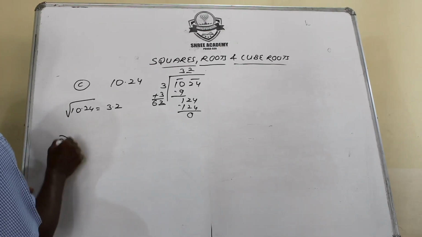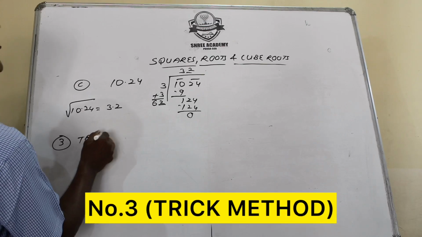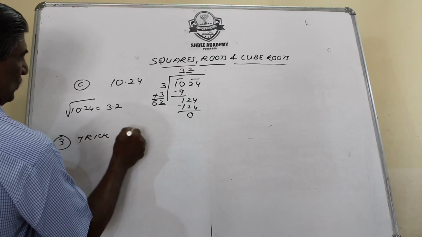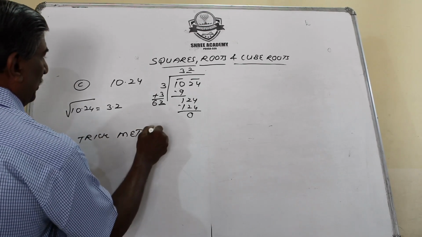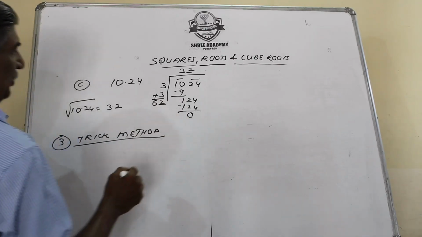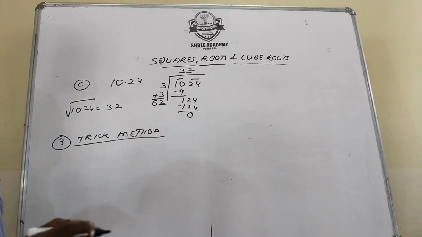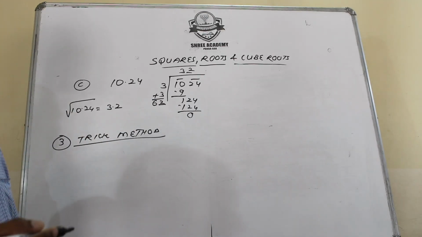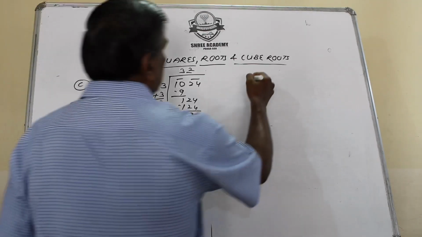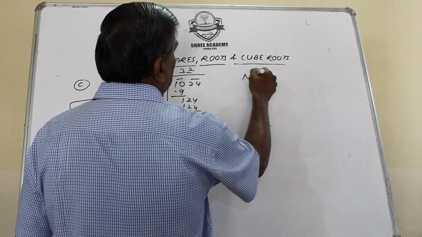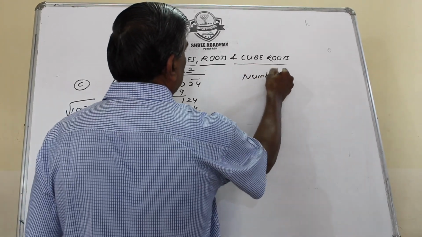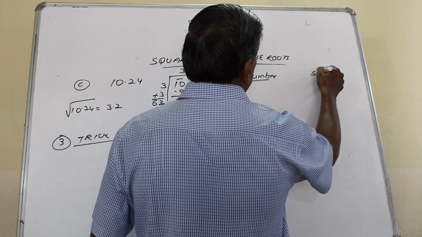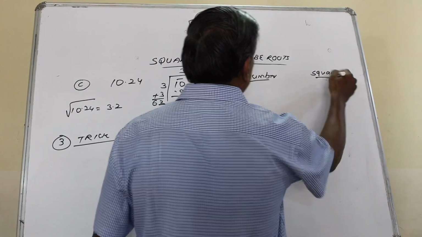Now the third and the most important method which I usually use is known as the trick method. In the trick method, we have to remember the squares from 1 to 10. So here I am writing the number and here I am writing the square. Now remember, this will help us a lot.